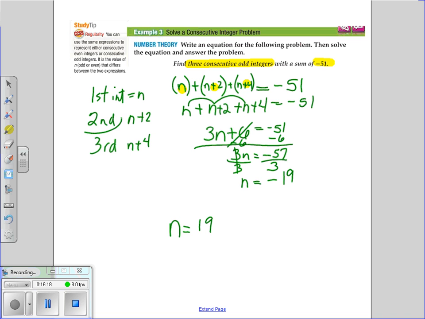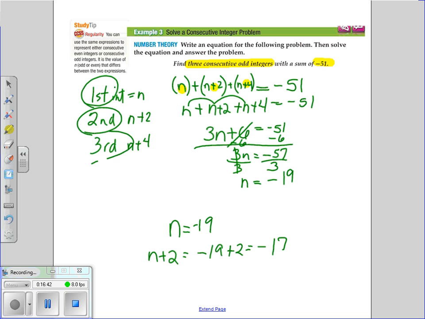My second number, so the first one is n. The second one is n plus 2. So what's it going to be? 19 plus 2, or excuse me, that's a negative 19, my bad. So that'll be negative 19 plus 2. What's negative 19 plus 2? Negative 17.